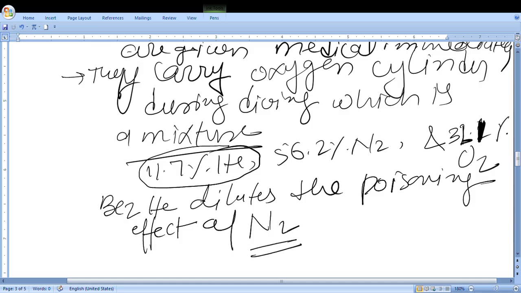If air, which has about 78% nitrogen by volume, is given in the cylinder, then that nitrogen will cause a poisoning effect. So nitrogen, when dissolved in the blood, causes a poisoning effect, which is possible only when the pressure is very high.